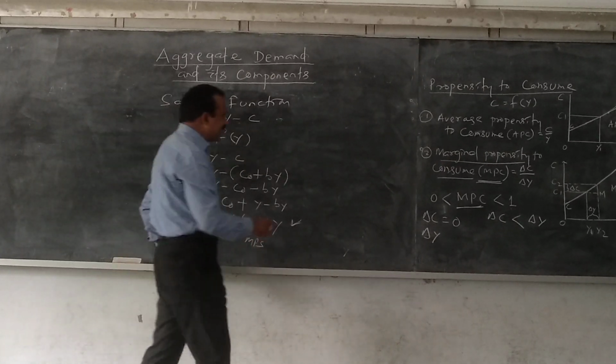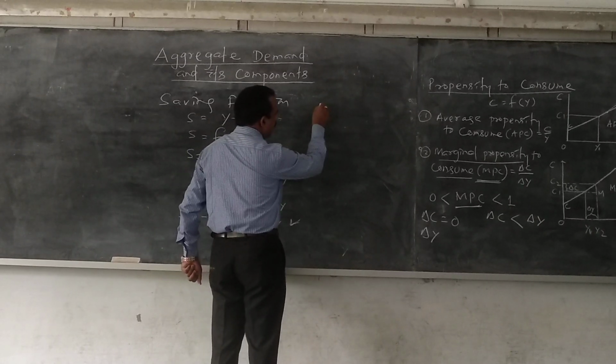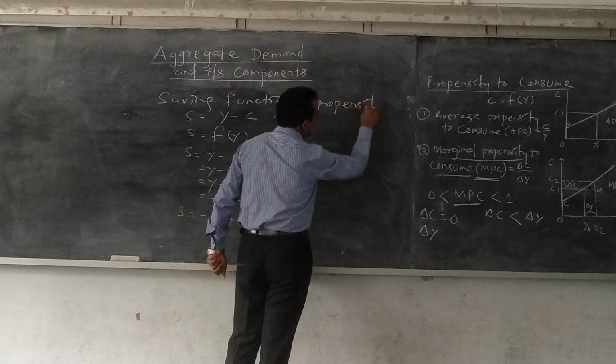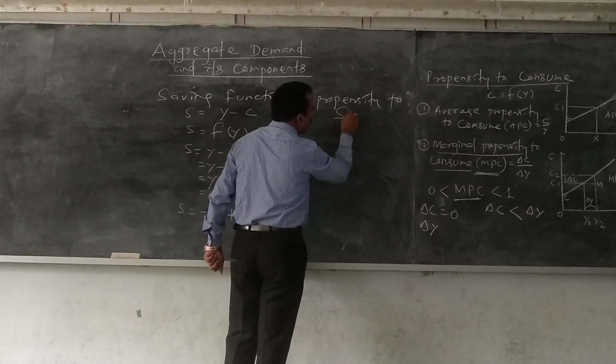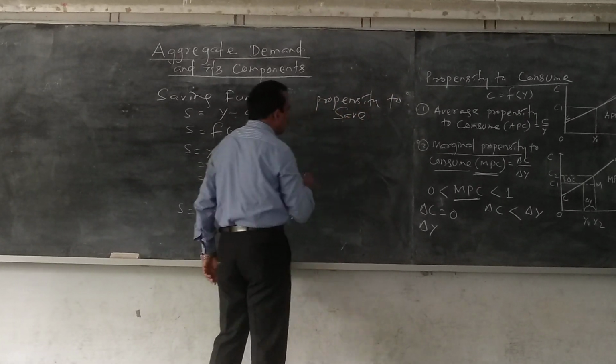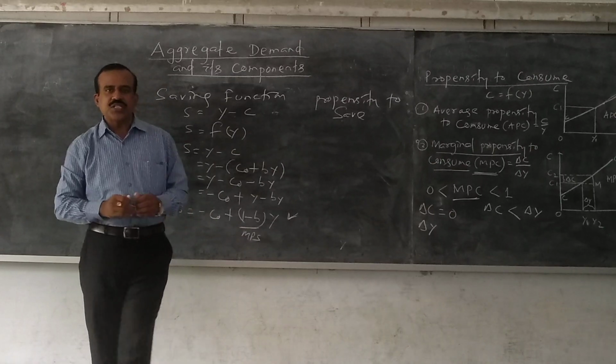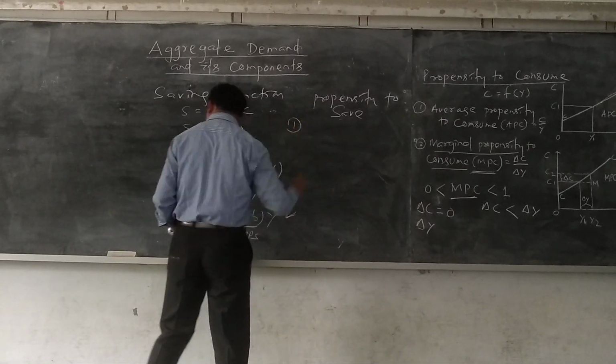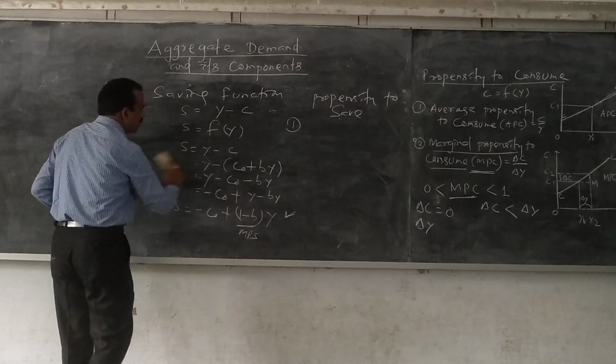Now we will be discussing propensity to save, that is the relationship between saving and income. There are two concepts here.